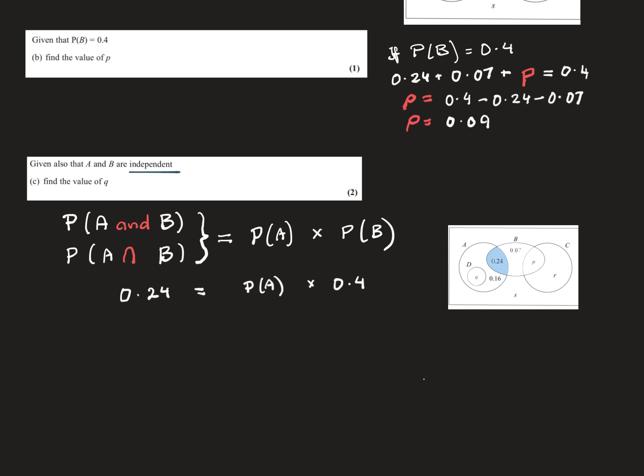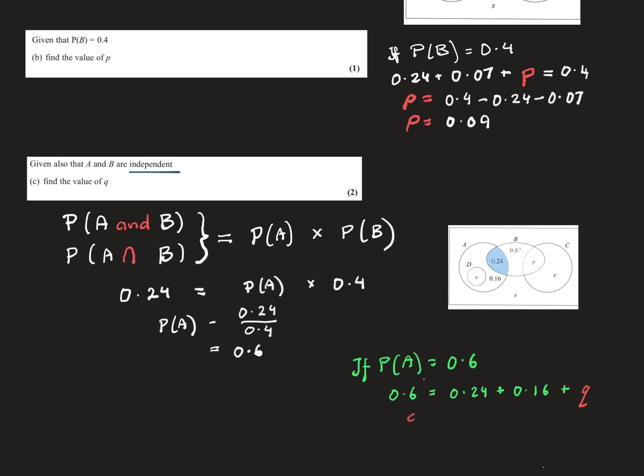So we know the probability of A by algebraic solution, and this will be 0.6. So if the probability of event A is 0.6, then 0.6 is equal to all the combined probabilities: 0.24 inside A plus 0.16 plus the Q that we want to find out. And by evaluation, we get that Q is equal to 0.2.